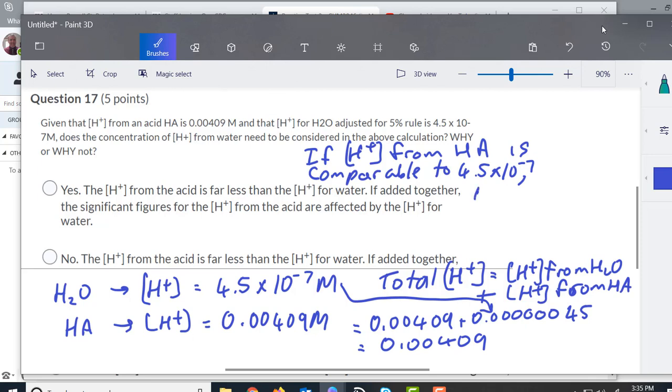It would need to be considered. More correctly, the concentration of H+ from water would need to be considered.